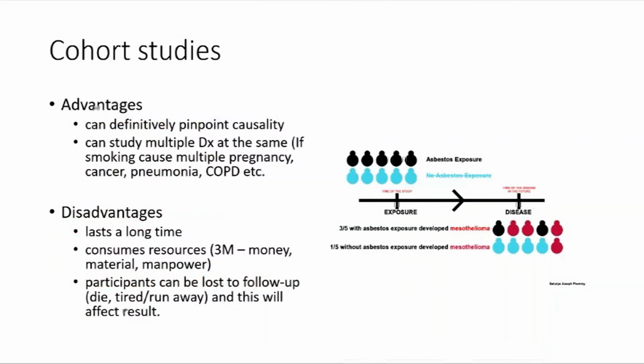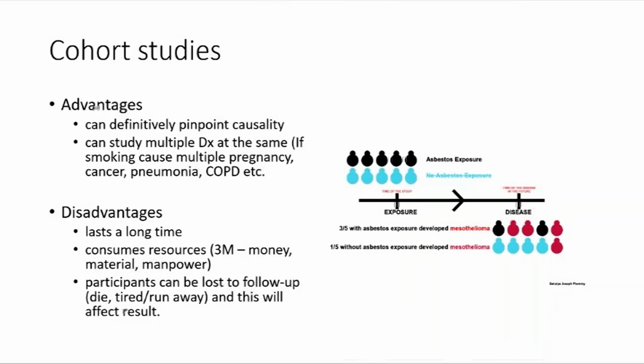The advantage of cohort studies is you can pinpoint the causal agent and you can study multiple diseases at the same time. You have only one exposure that you are starting with. Let's say, for example, the exposure you are looking at is smoking. You can ask the question: can smoking cause multiple pregnancy?